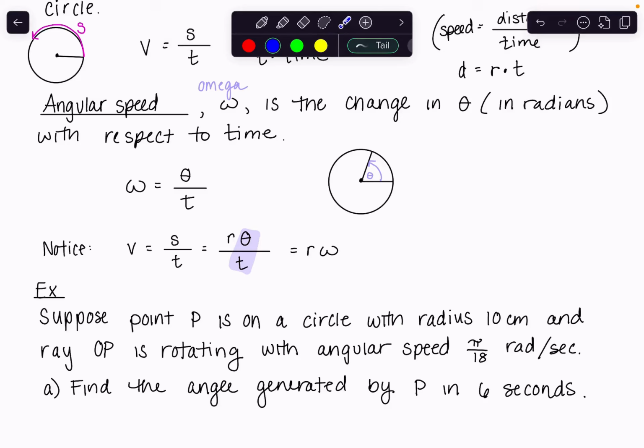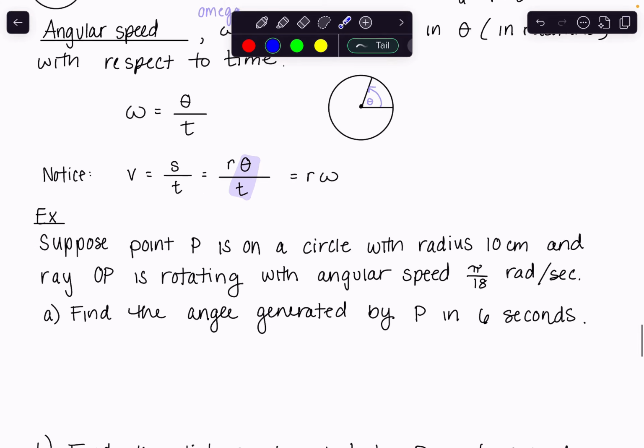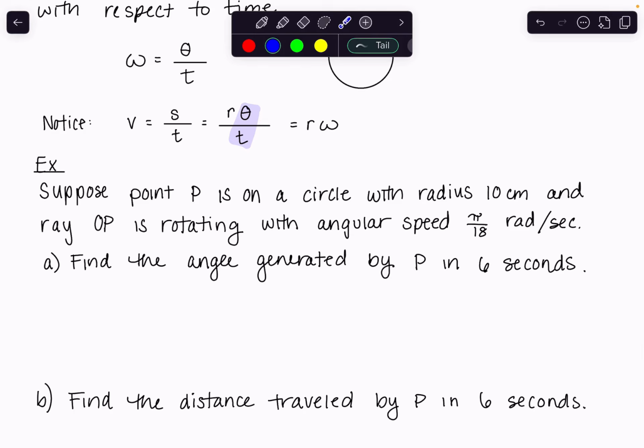So suppose point P is on a circle with radius 10, and ray OP is rotating with an angular speed of pi over 18 radians a second. We're going to find a couple things. We're going to start by finding the angle generated by P in 6 seconds. So if you do want a visual as to what's going on, we've got a circle here with radius 10.